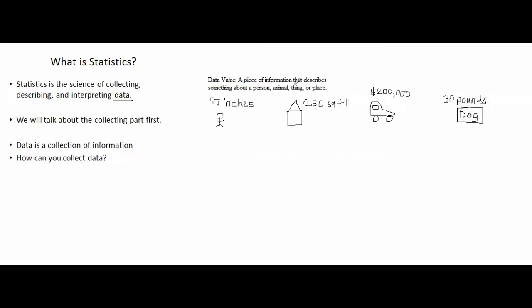So each of these is a data value. We have the first data value, the second data value, the third data value, and the fourth data value. And a data value doesn't have to be a number. It could be a word. So what if we have a piece of paper, and the piece of paper is green?